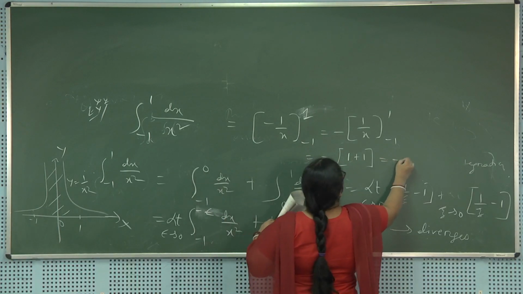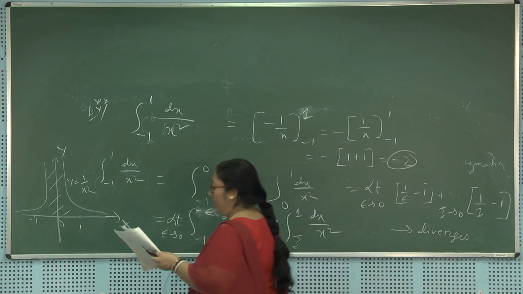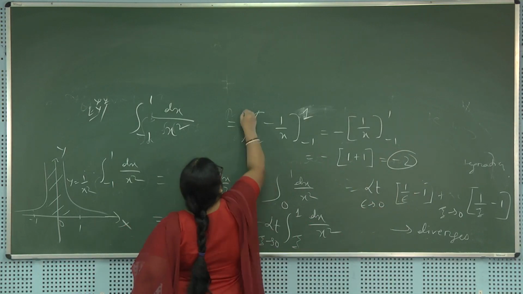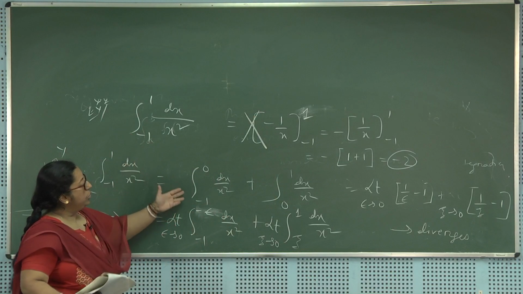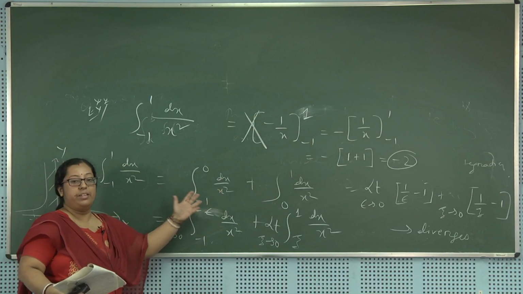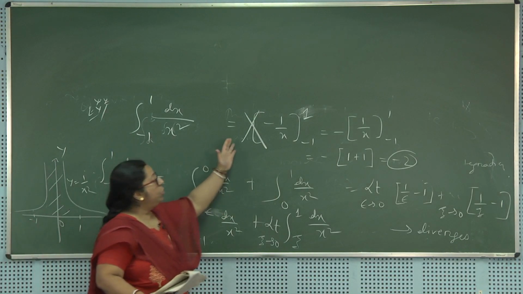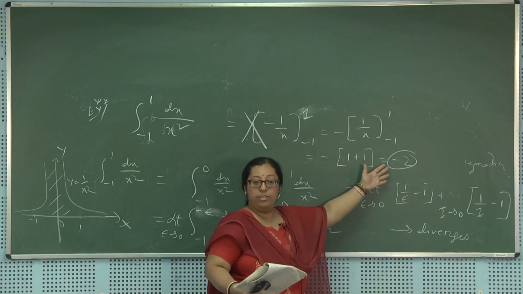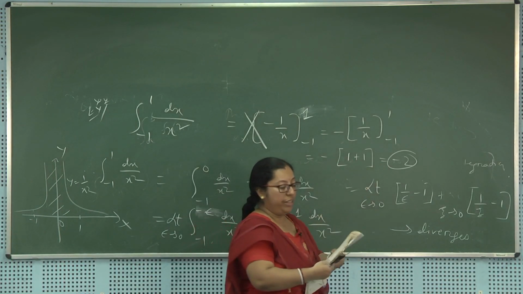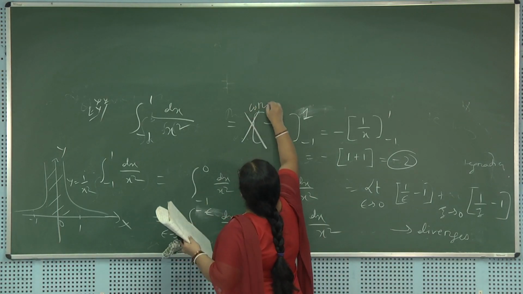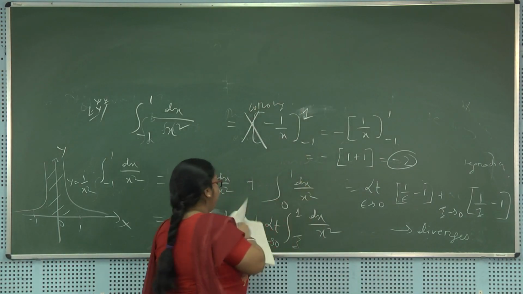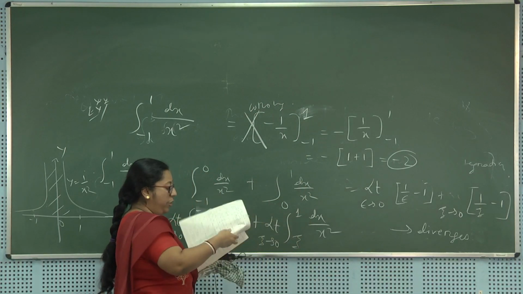So, it is -2. So, the integral is converging. So, it is an utterly wrong thing, because this function is not bounded. So, you got to consider the singularities from both sides. But if we do not consider, then we are getting an utterly wrong answer. It is coming out to be converging, which is wrong. So, it is very important to consider the singularities to see what is going on inside.